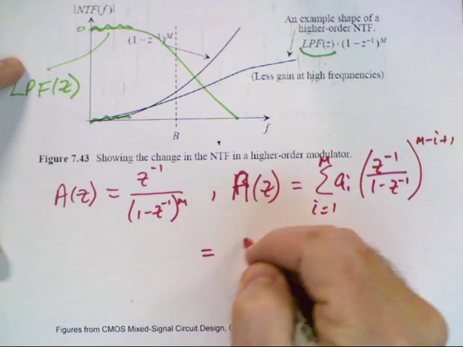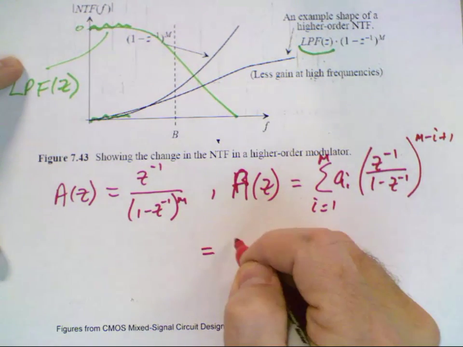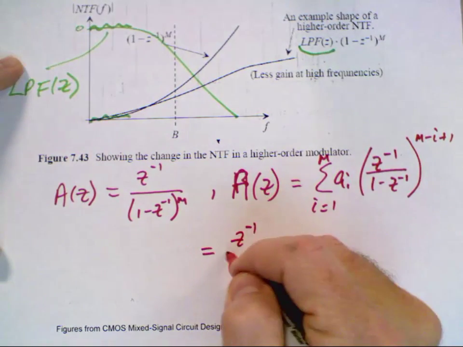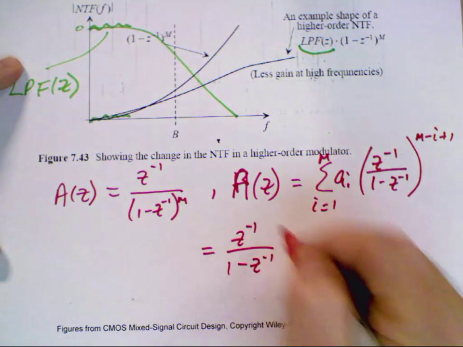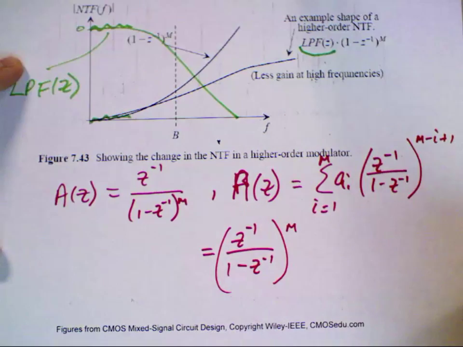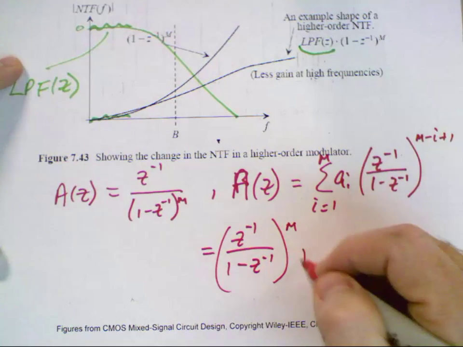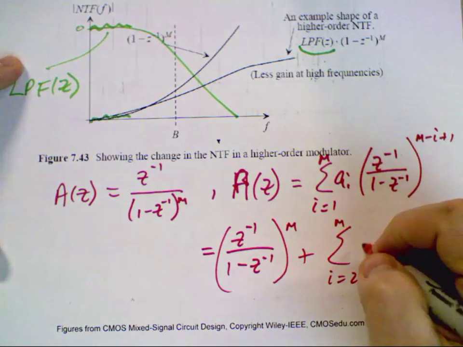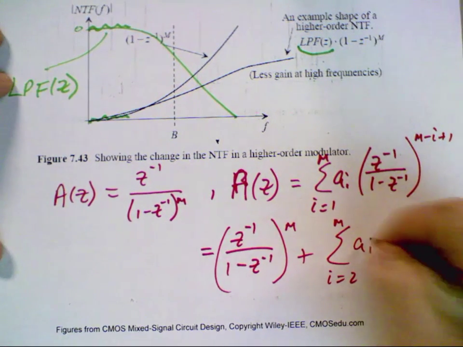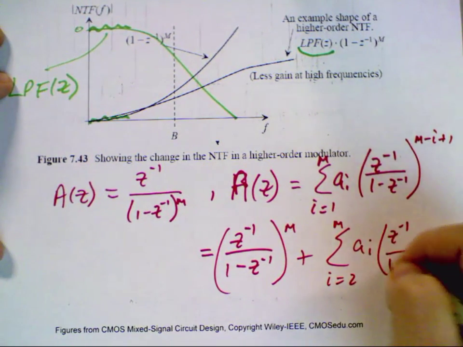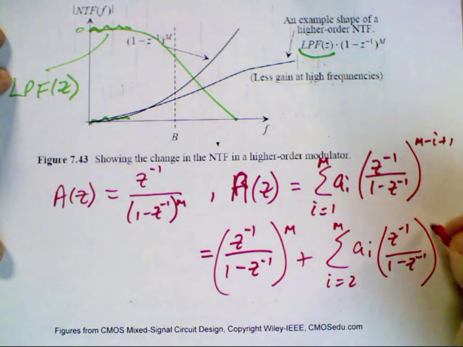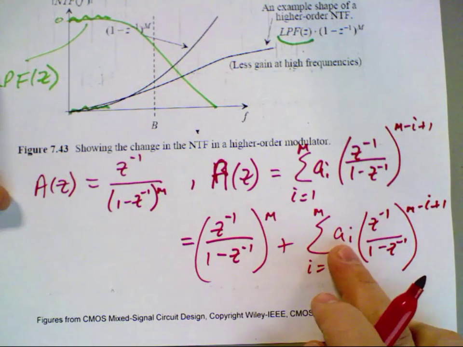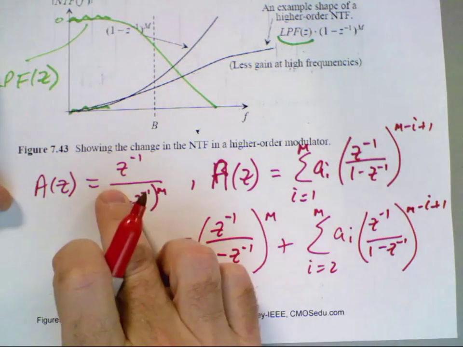We could write it as z to the minus 1 over 1 minus z to the minus 1, times m, plus the summation of i equal 2 to m of a_i times z to the minus 1 over 1 minus z to the minus 1, to the m minus i plus 1. And in the case we just mentioned, all these a_i's are 0, and so this is equal to this.